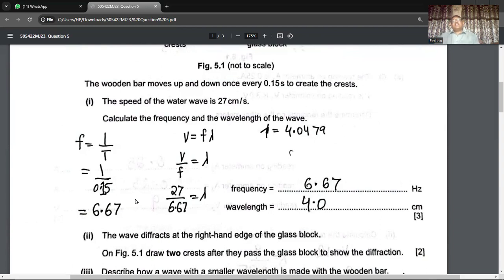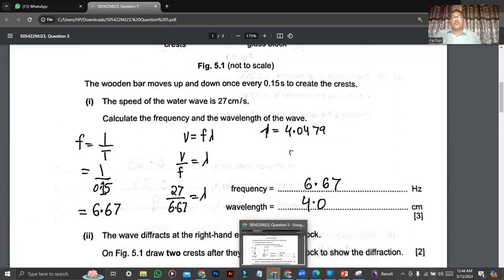Because in the speed they have given centimeter per second, the wavelength will automatically be in centimeter. So lambda is equal to 27 centimeter per second divided by 6.67 hertz. So lambda will be 4.049, about 4.0 centimeter. So my answer is 6.67 hertz and 4 centimeter.